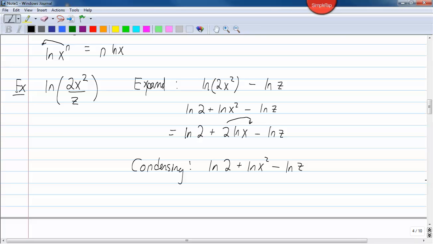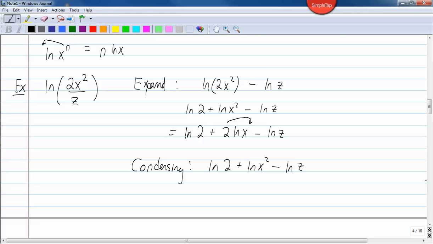Alright, now once you have a bunch of terms in a row that are all natural log or logarithms, then you want to look at the signs in front of all of those logarithms. Any logarithms that have a positive sign, whatever you're evaluating the logarithm at, you put all of those terms in the numerator of a fraction.